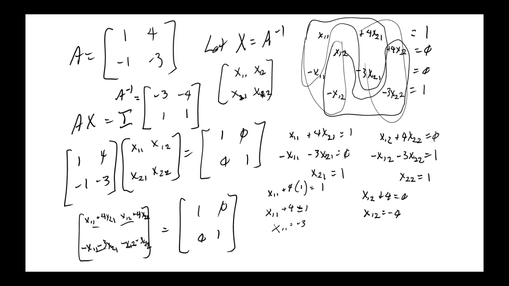And note that the two systems of linear equations, when we wrote them like this, have the same coefficient matrices. 1, 4, negative 1, negative 3, 1, 4, negative 1, negative 3. Okay? Same, identical coefficient matrix. That's where they came from.